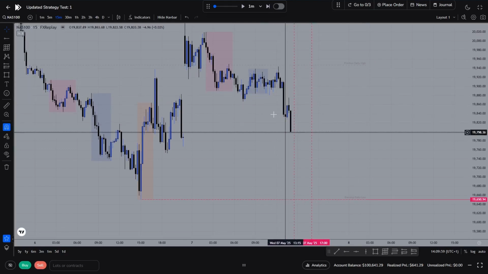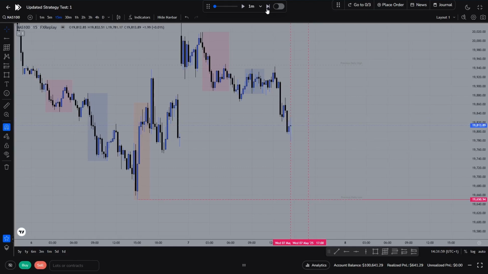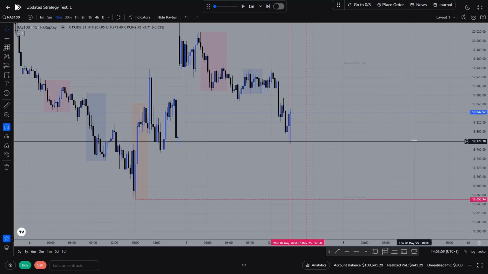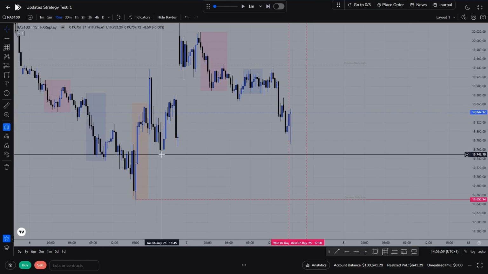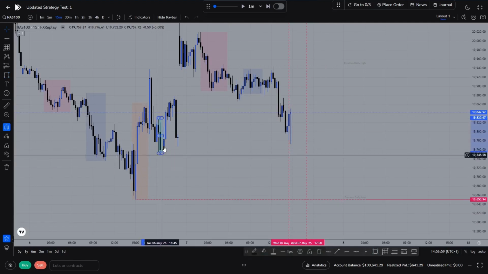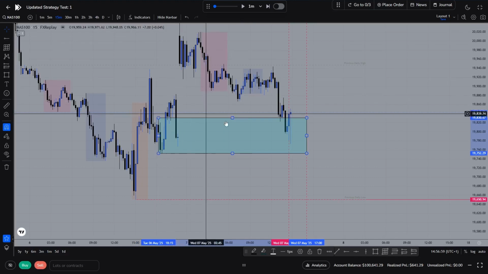Sweep, FVG, push lower. Alright. What did price come tap into? This order block, is it? Okay, tapped into this 15 minute order block.